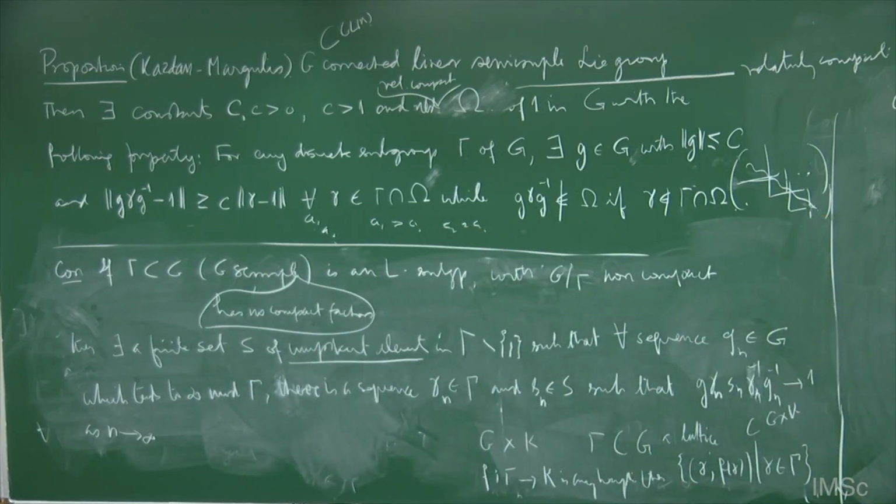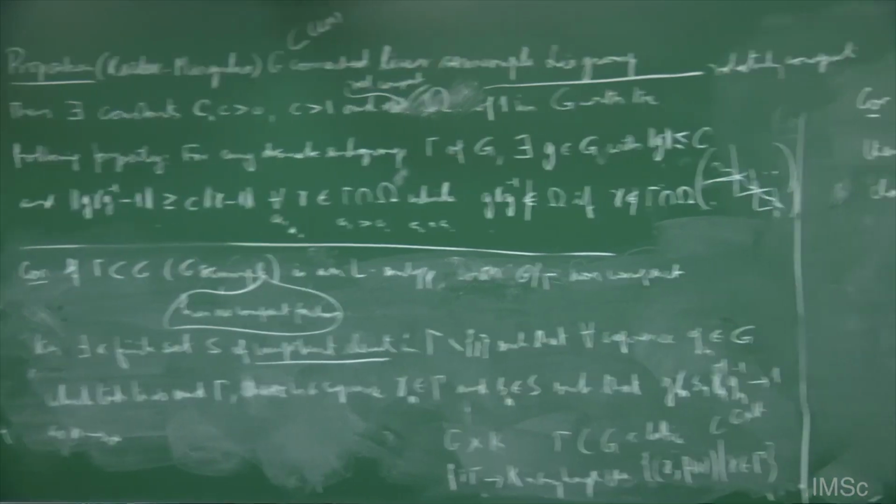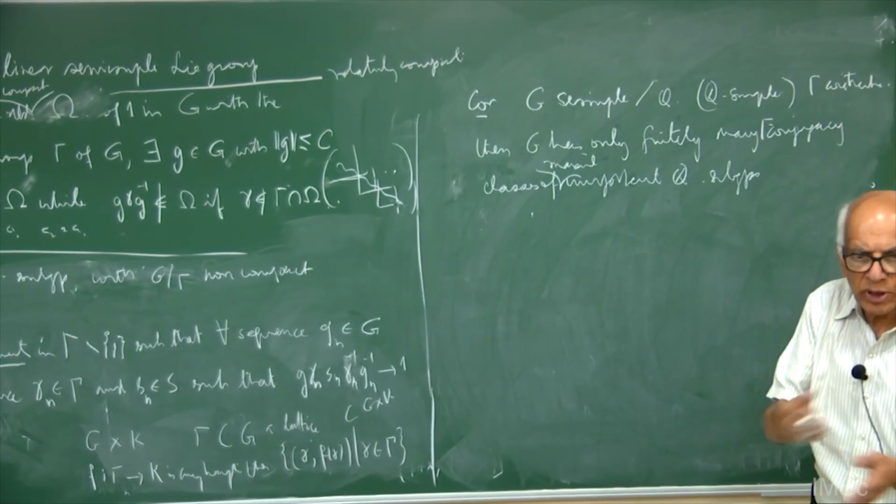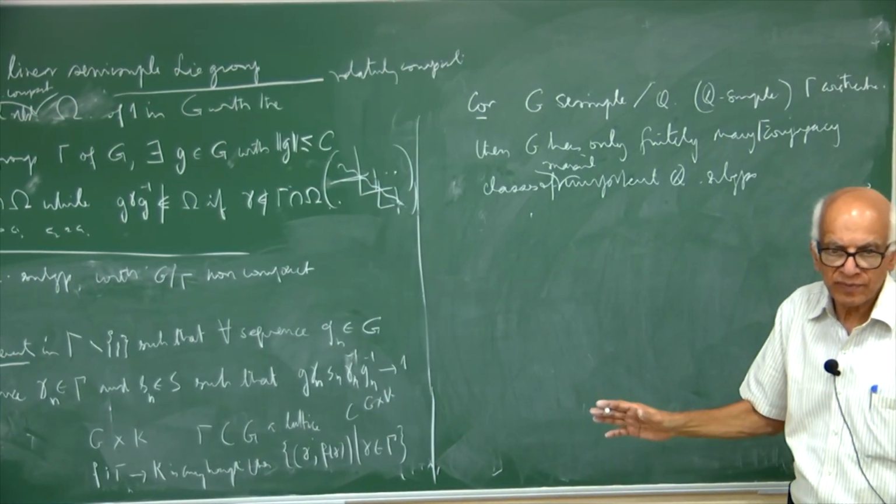It's also a fact that if G is Q simple and has a non-trivial unipotent subgroup, then when you take real points, it cannot have compact factors.